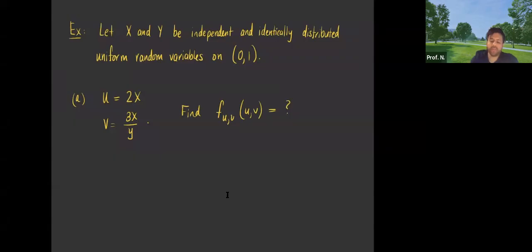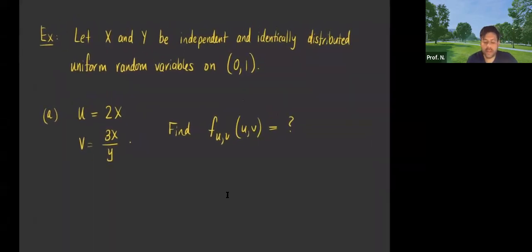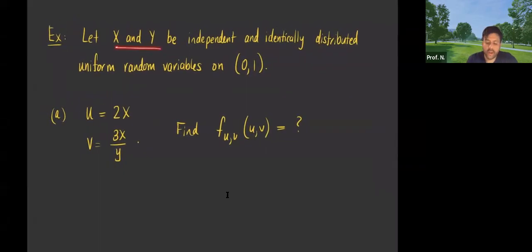Now, how do we interpret this statement here? x and y are independent and identically distributed. The identically distributed part is that each of x and y are uniform random variables on 0 to 1. Both of them are uniform on the same interval 0, 1. And they're independent. Independent means that f of x comma y, remember this?